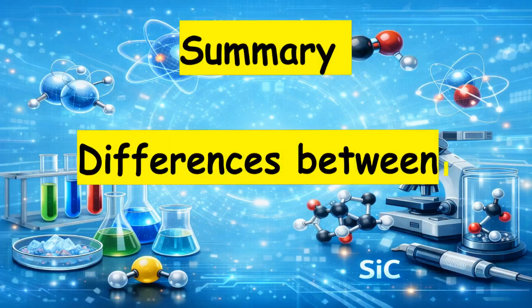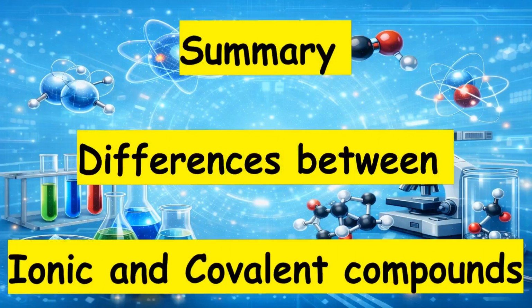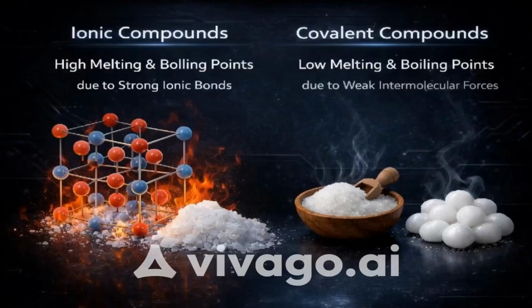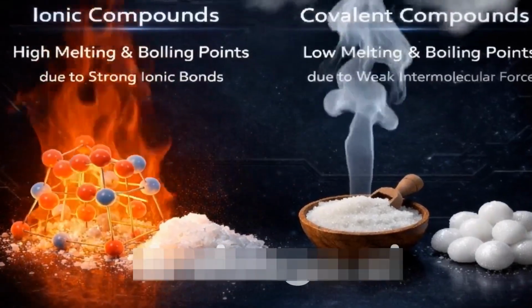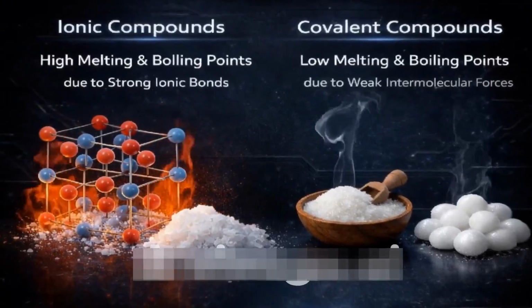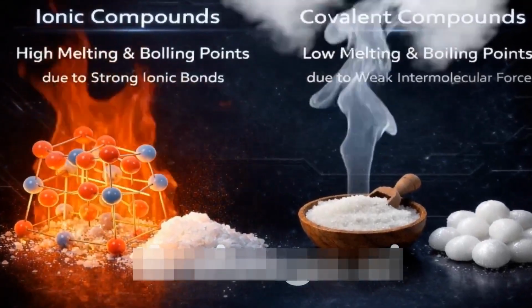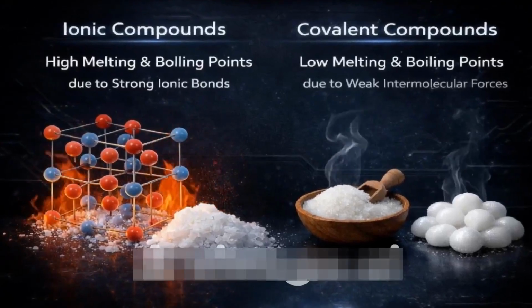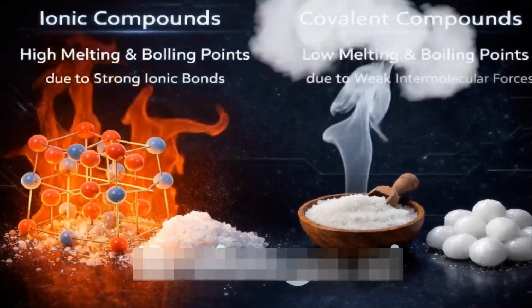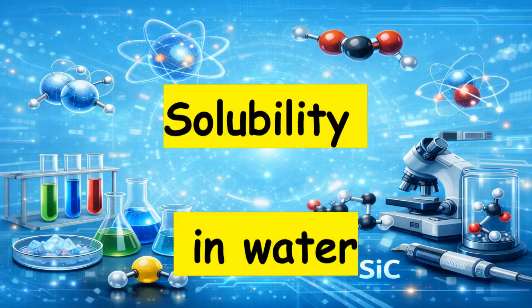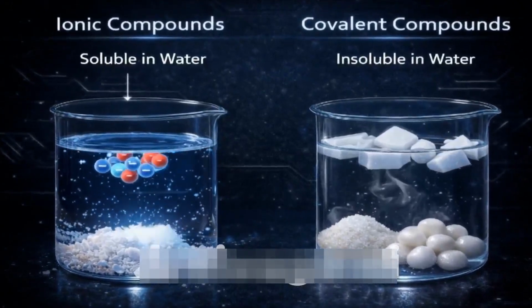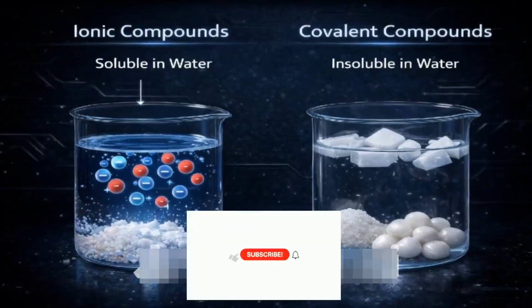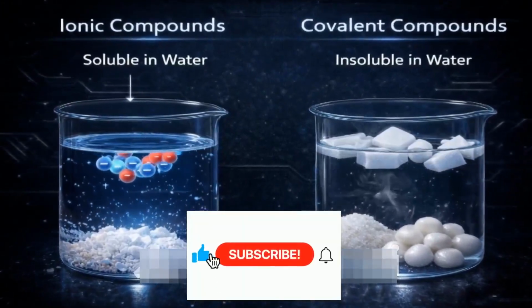In summary, let's look at some differences between ionic and covalent compounds. Ionic compounds have high melting and boiling points due to the strong ionic forces holding them together. But covalent compounds have low melting and boiling points due to the weak forces between their molecules. Ionic compounds are usually soluble in water, but covalent compounds are usually insoluble in water.